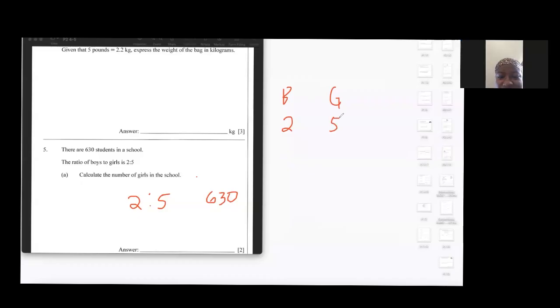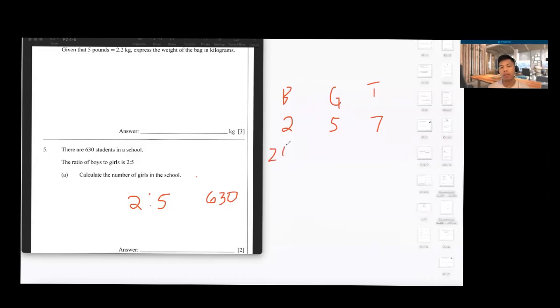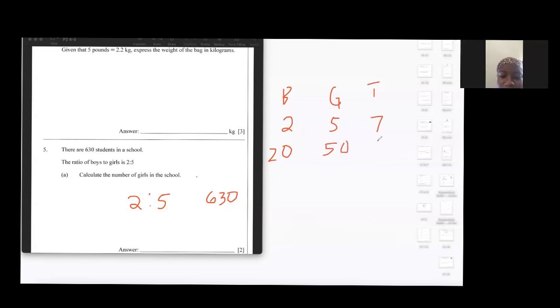But there are 630. So 2 boys, 5 girls, that would be 7. That's a total. But there are 630. So if there are 20, I'll multiply that by 10 to make it easier. If there are 20 boys, there will be 50 girls, right? And that would be 70 people.